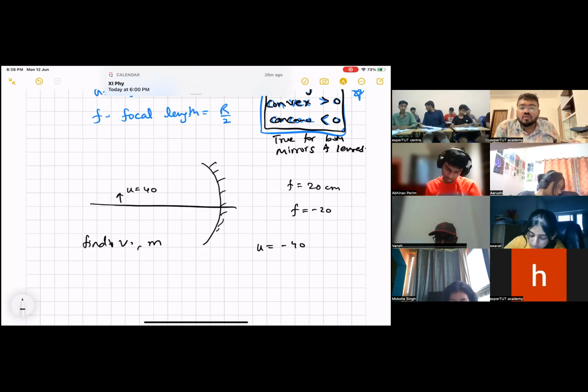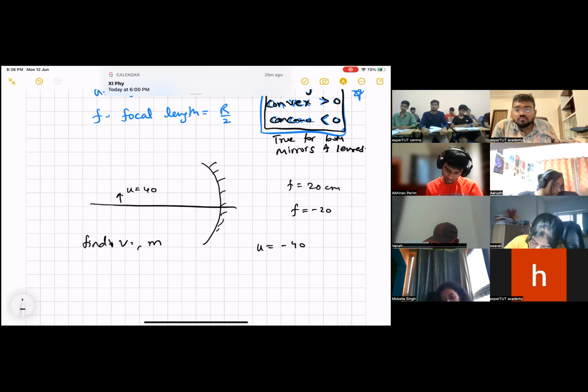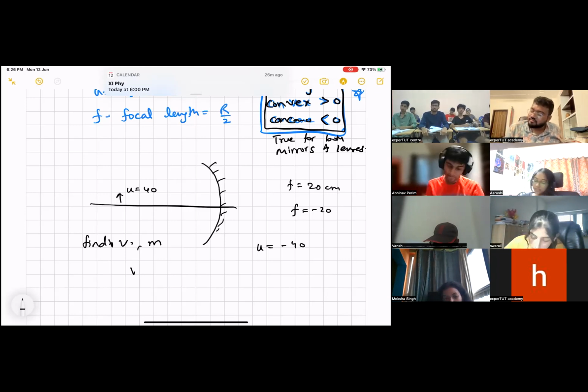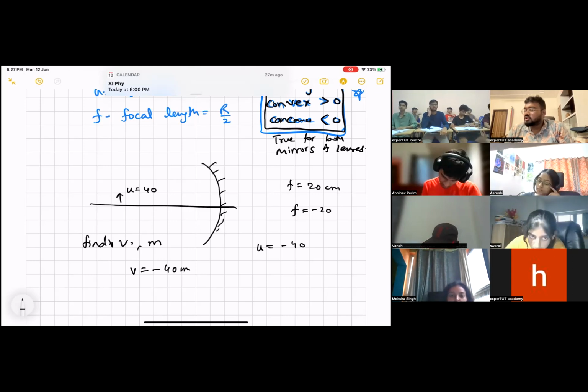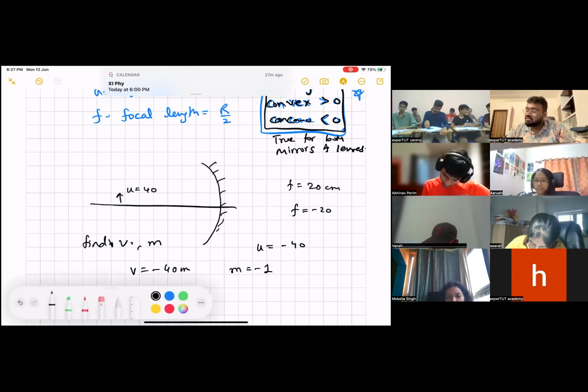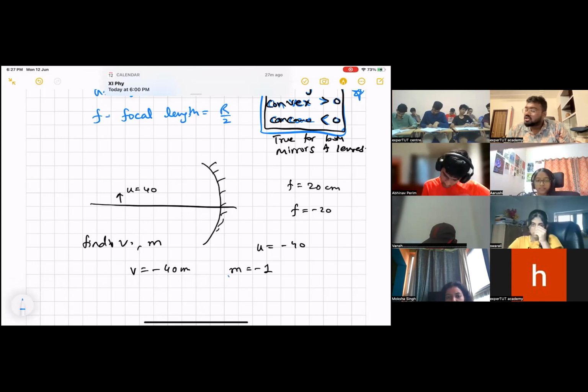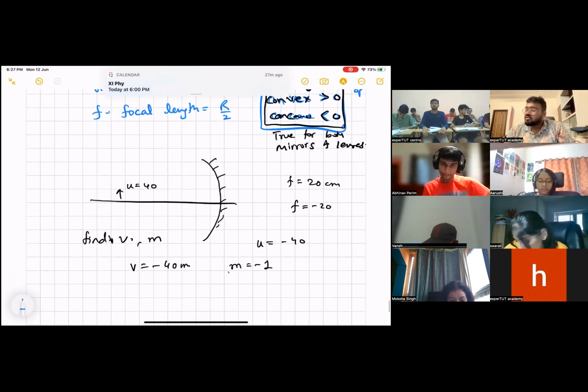Okay, have you guys got it? v is equal to -40 centimeter, and m is equal to -1. The moment you have m equal to -1, that means hi by ho is equal to -1.